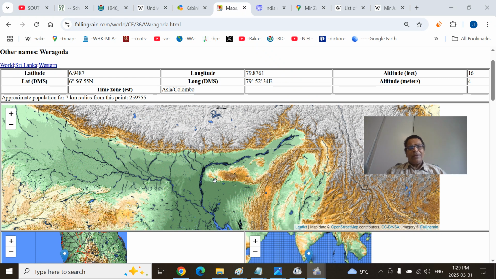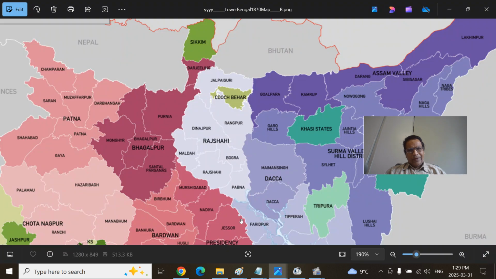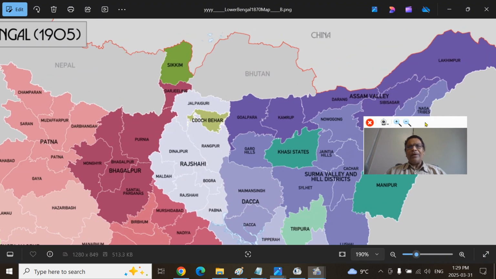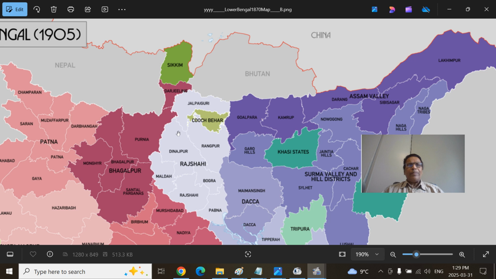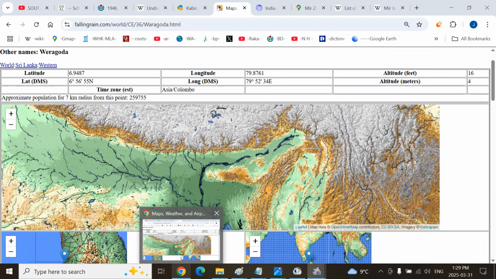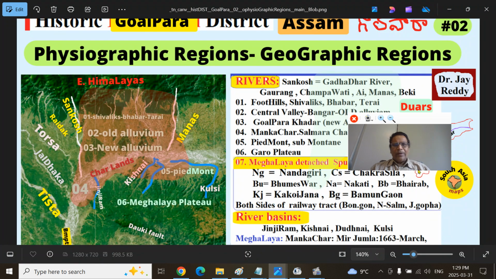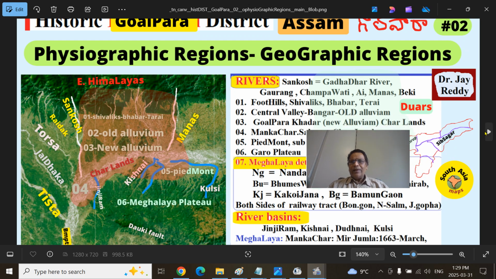In this aspect, I only covered the physiographic content that is our interest now. Rangpur, and the division of East Bengal, Bengal Presidency, and Goalpara used to be for a lot of years part of Rangpur before colonial Assam was constituted later. Excuse me. That's about the fascinating region.